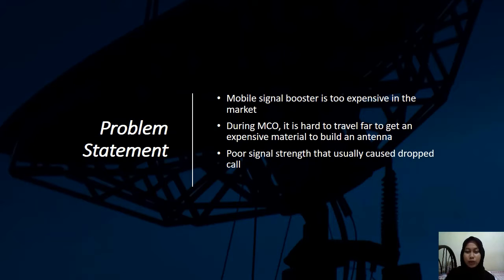That's why I propose this method which only uses simple materials to design and create the antenna. And the third problem statement is the poor signal strength that usually causes drop calls in my house.